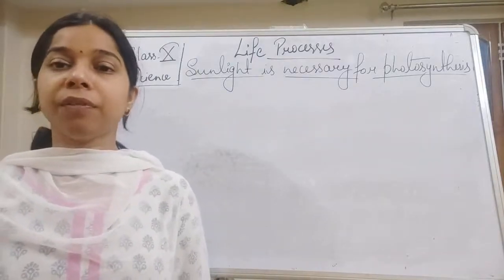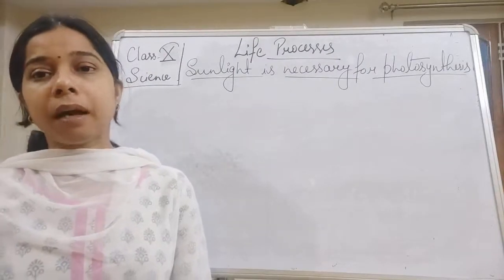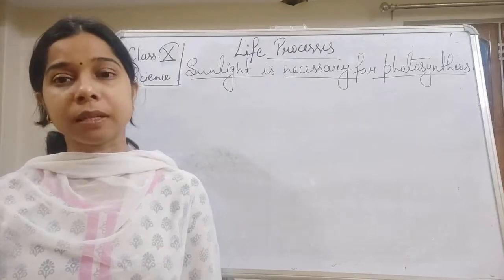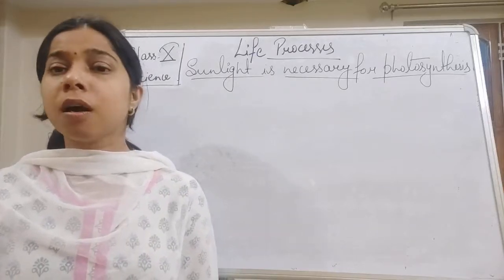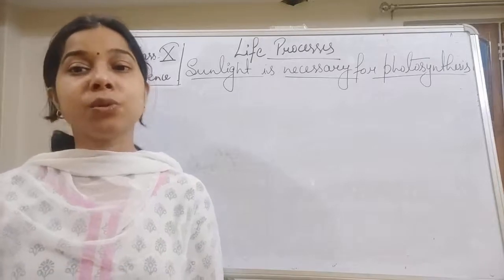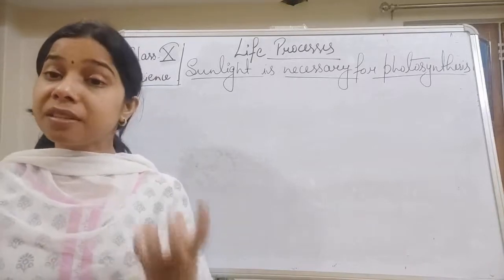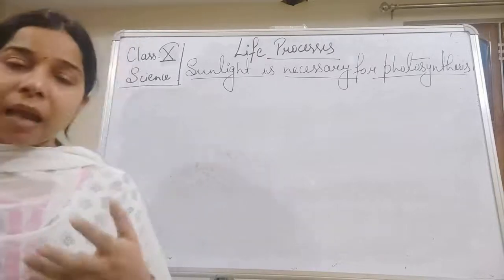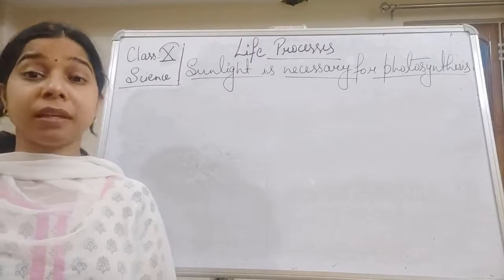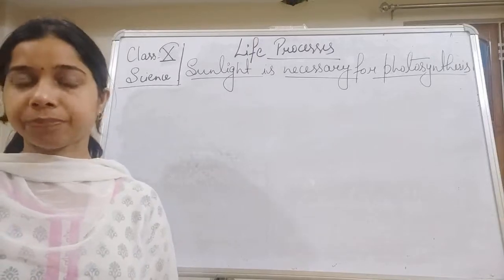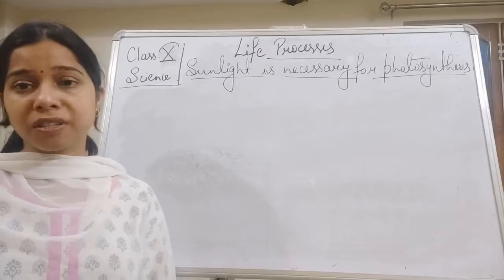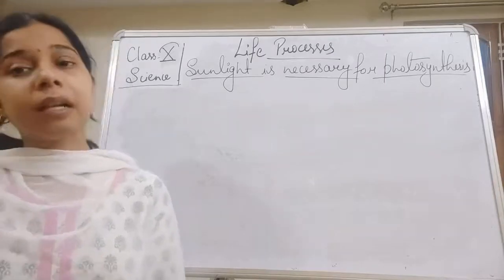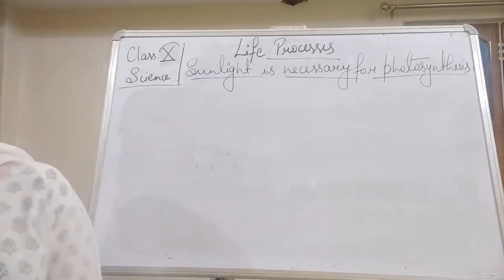For that, students, what do we have to do? I told you that whenever we perform an experiment to confirm whether something is necessary for photosynthesis, we will confirm it by the presence of starch. You know that the result of photosynthesis is starch. If a plant consists of starch, we will say that photosynthesis has taken place. If no starch is there, we will say that no photosynthesis has taken place, because the result of photosynthesis is starch only.